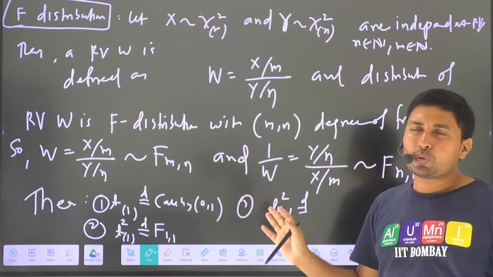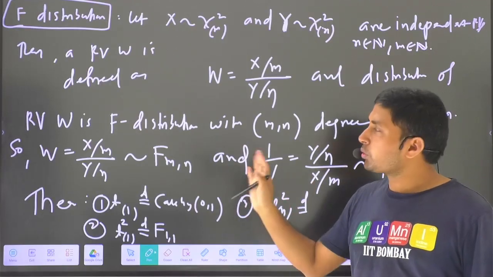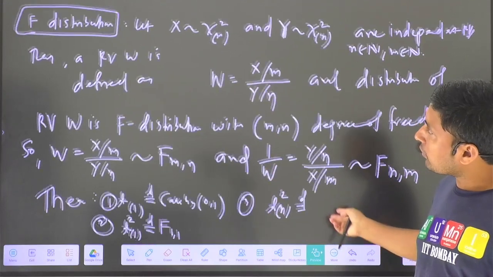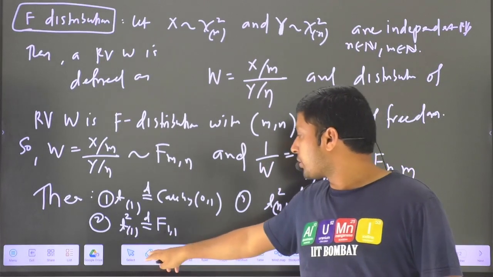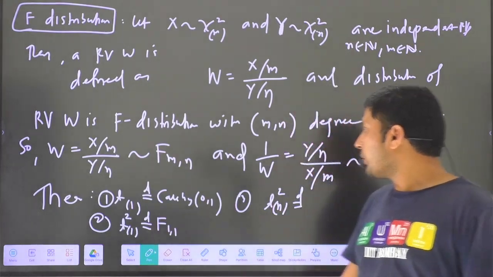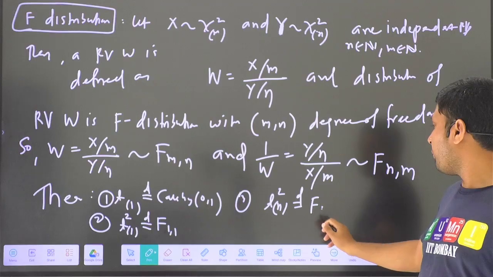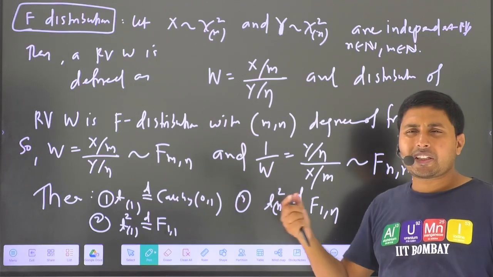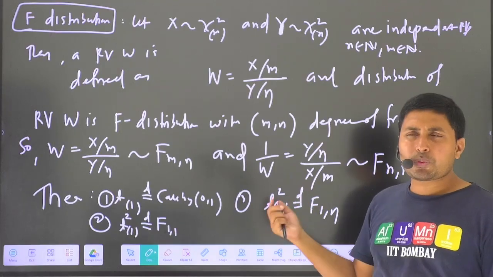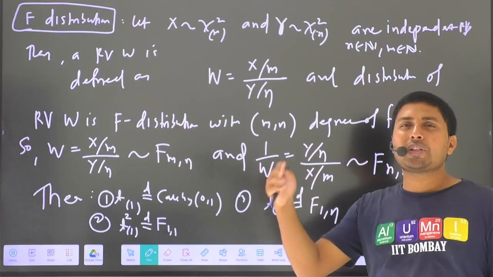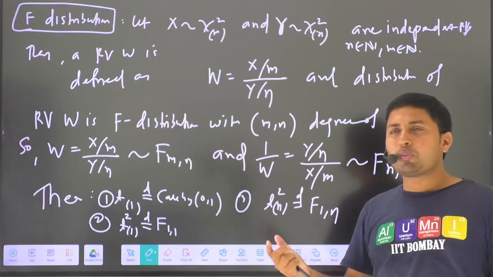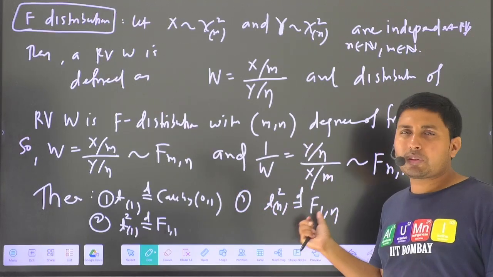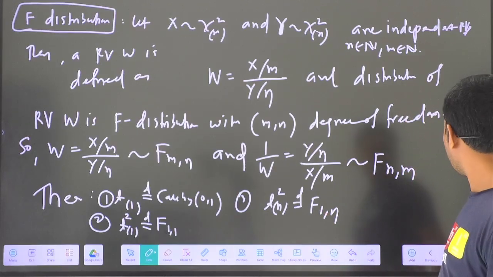Actually, I'm not writing the proof here. Proof will be there in the book. I'm just writing things which will help you to solve questions for UGC NET. So this will be F with 1 comma n degrees of freedom. Like if I take t as t distribution with n degrees of freedom, and suppose w is t square, then the distribution of w will be F distribution with 1, n degrees of freedom.